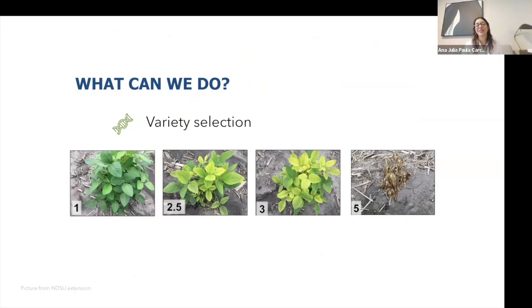But when we are talking about a 2.5 and differentiating it from a 3, then it gets more challenging, no? Everybody sees the colors a tiny bit differently, and it's really challenging.